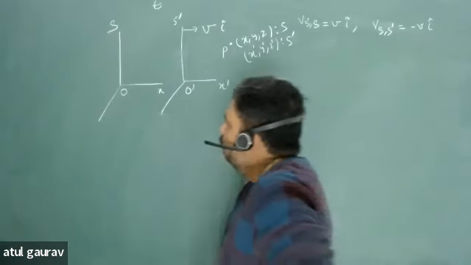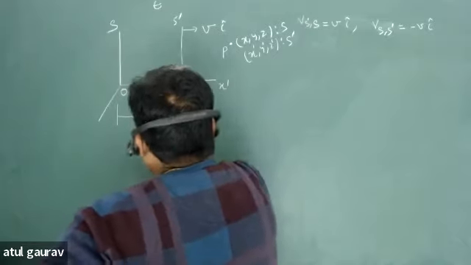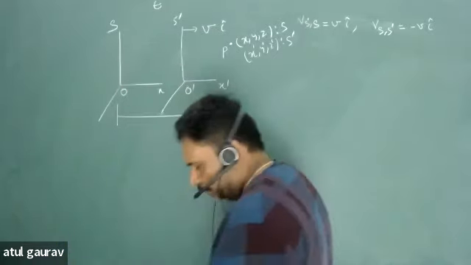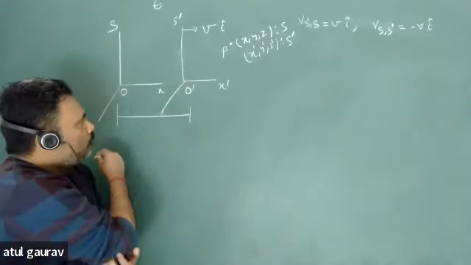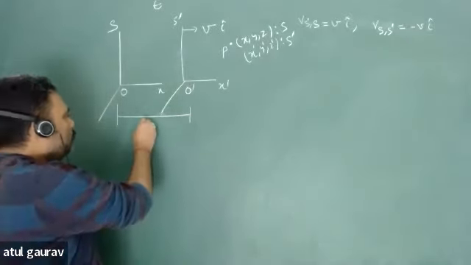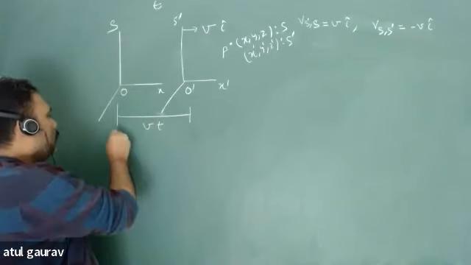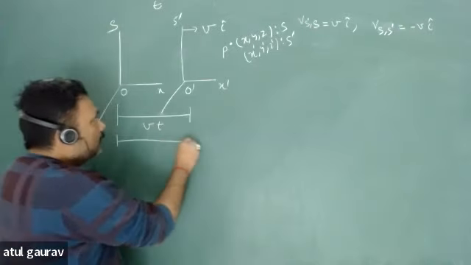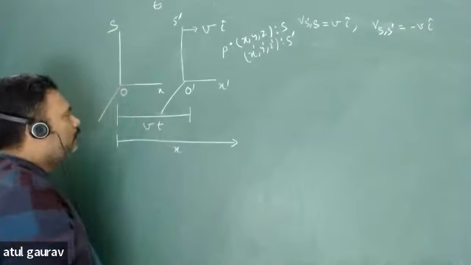Now, what is the distance between these two origins? V into t. Very good. What is this distance? x.